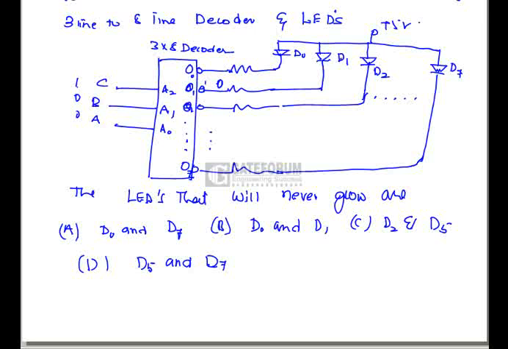Two lines are not going to be selected for any input combination, because ABC will not take the two unused states. If we do the analysis of which states occur, we find that D2 and D5 will never glow. Option C is correct.